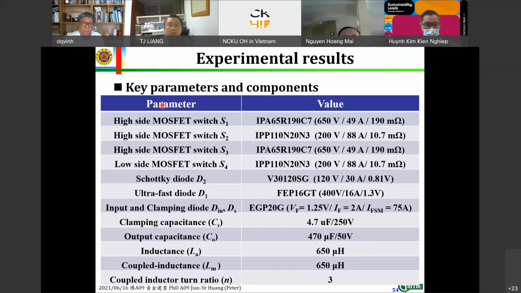The high-side MOSFET switch is the IPA65R190C7. The switches S2 and S4 have the same key parameters, and the clamping capacitance is 4.7 microfarad, and the turn ratio design is equal to 3.